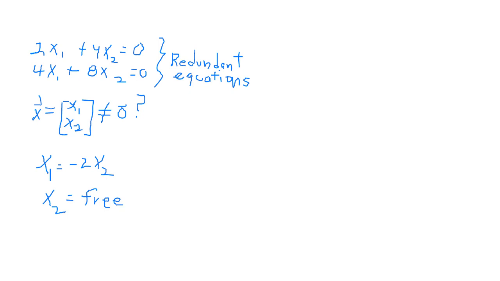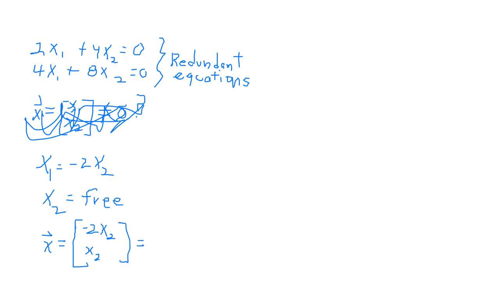So maybe a better way to phrase it is that the vector x is equal to negative 2 x2, x2, and that factors, in parametric form, as x2 times negative 2 and 1.